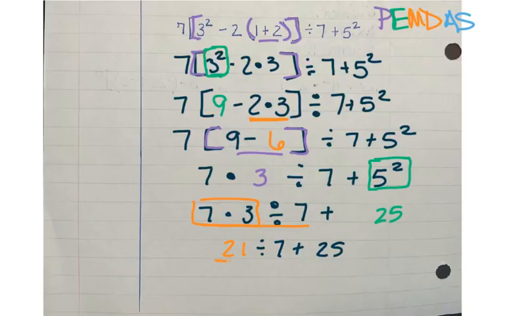I'm still working on my multiplication and division part. So now I'm going to divide. 21 divided by 7 is 3. Plus 25, so now I can add. So 3 plus 25 is 28. So our final answer here is 28.